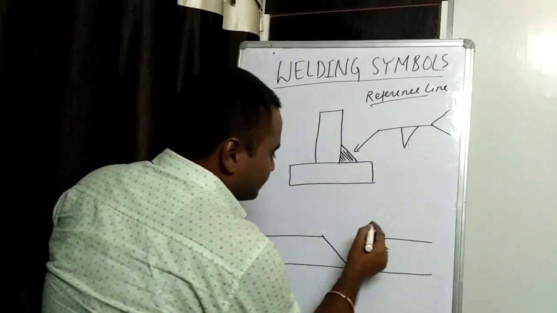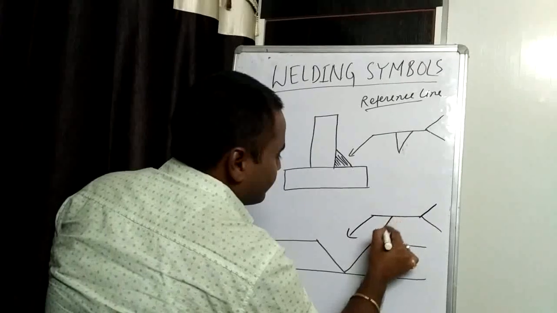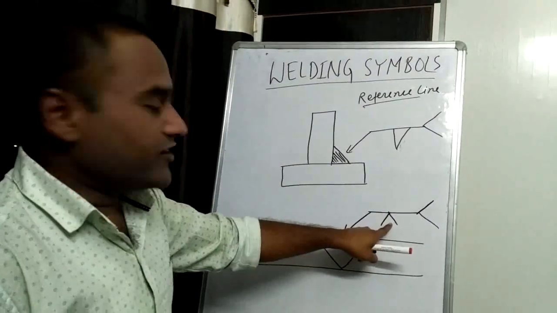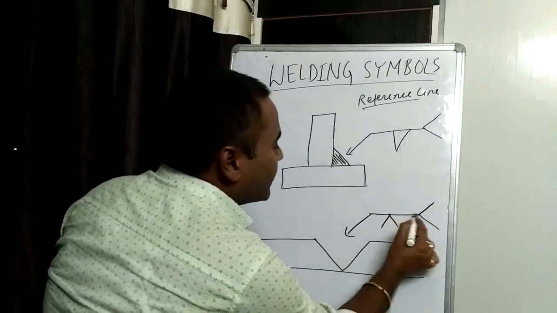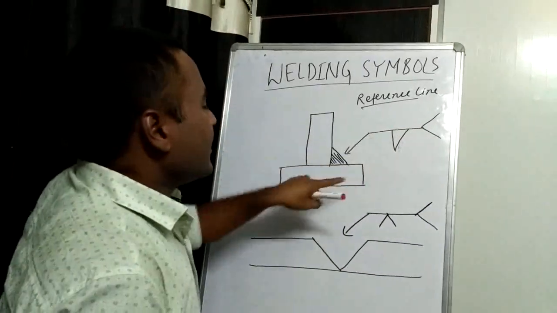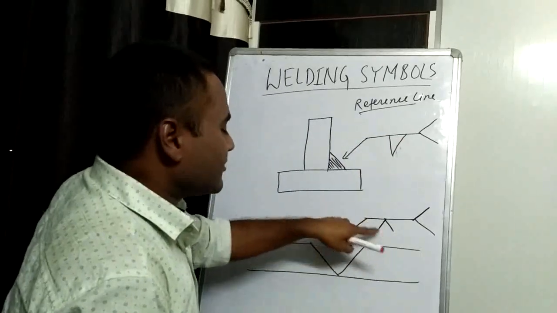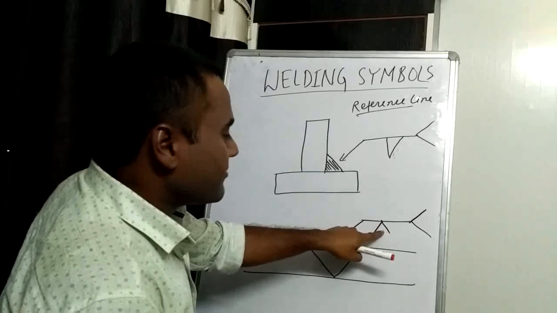Similarly, this is a single V symbol. It's an elementary symbol, and this symbol has been provided on the reference line. Please remember, this line is the reference line, and the symbol of the fillet joint is given on this reference line. Similarly, this line is a reference line, and the symbol of single V is given on this line.